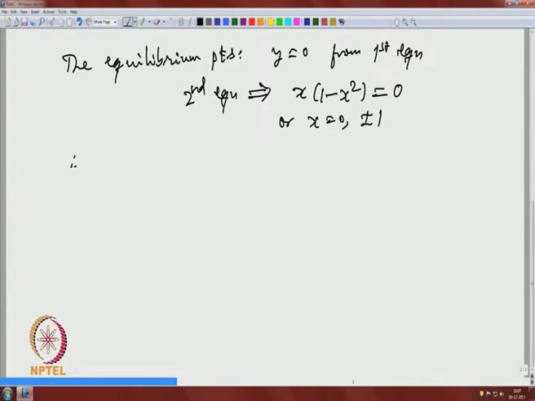Therefore, in this case we have 3 equilibrium points: 0 0, and plus or minus 1 0 are the equilibrium points.